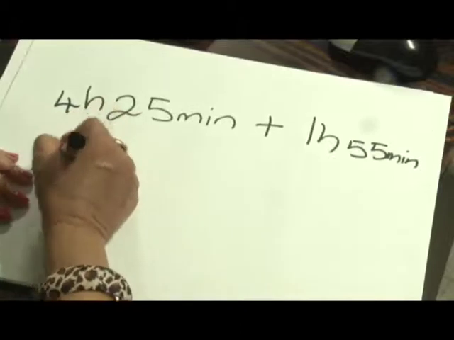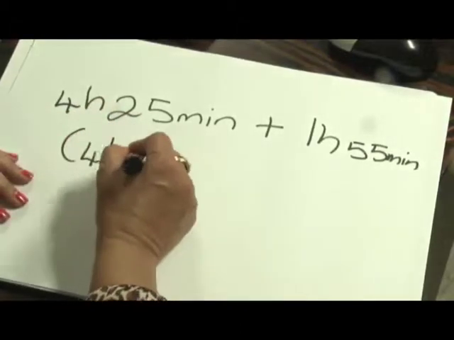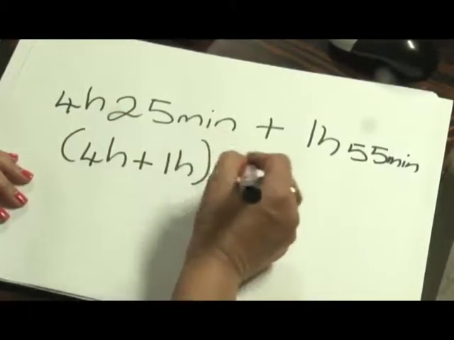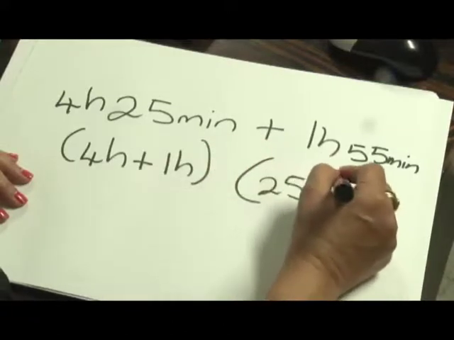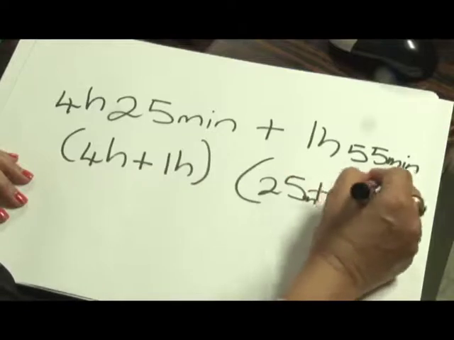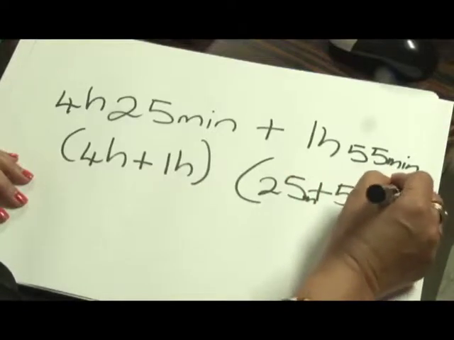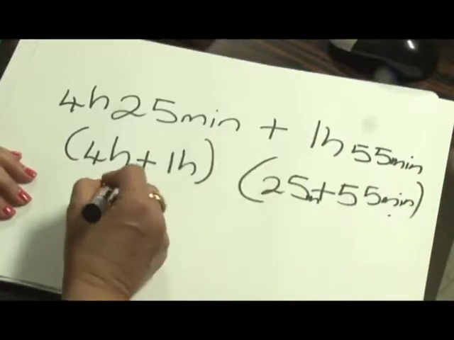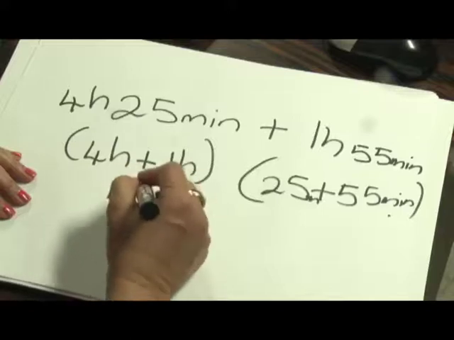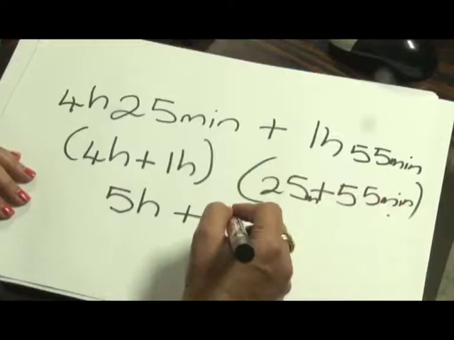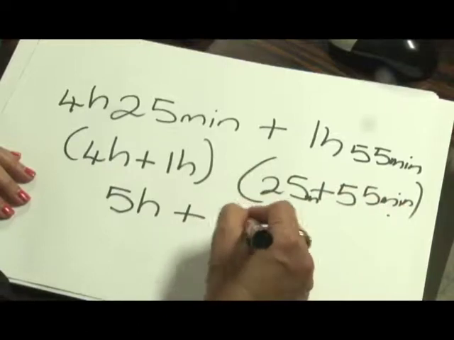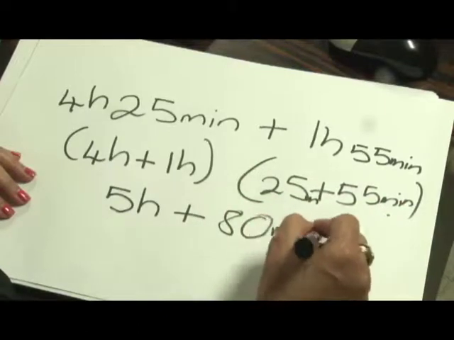I group the hours, 4 hours plus 1 hour, and I have 25 minutes plus 55 minutes. Quickly, right? So what do I have here? I have 4 plus 1 hour is 5 hours, plus 25 plus 55 is 80 minutes.